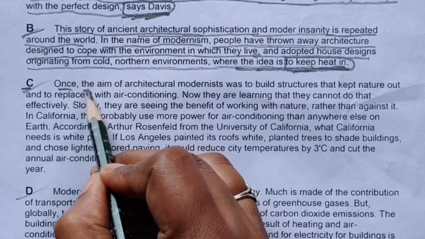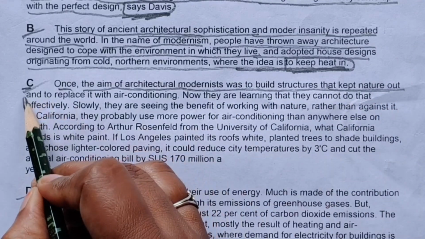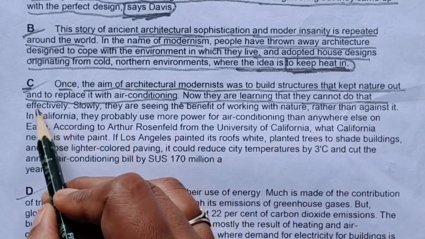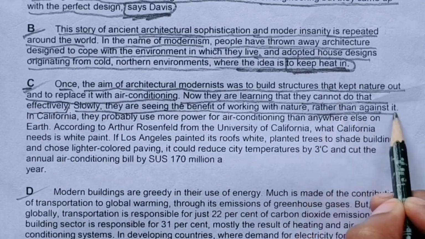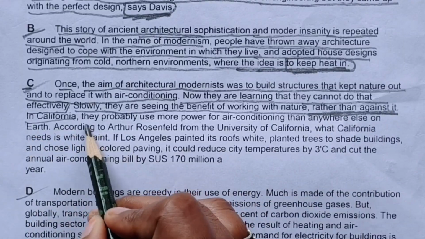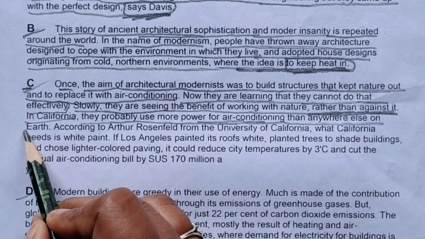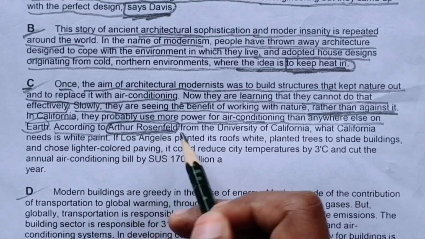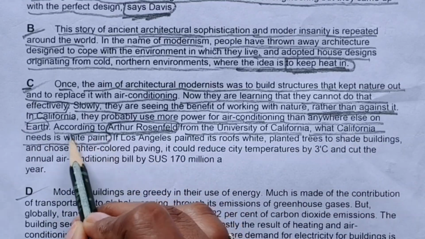C paragraph. Once the aim of architectural modernism was to build structures that kept nature out, to replace it with air conditioning. Now they are learning that they cannot do that effectively. Slowly they are seeing the benefit of working with nature rather than against it. In California, they probably use more power for air conditioning than anywhere else on earth. According to Arthur Rosenfield from the University of California, what California needs is white paint.